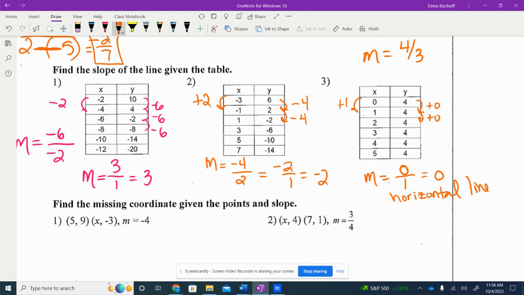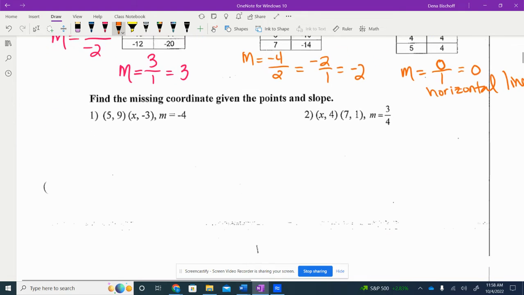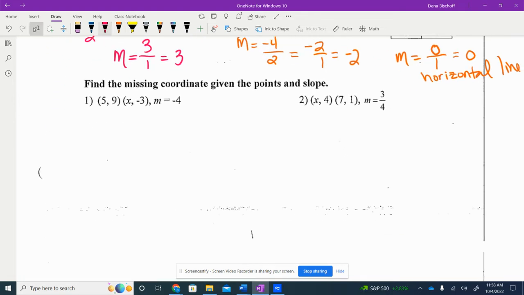And then I have some more. Find the missing coordinates. We had this on our test. Some of you guys did really well on it, and some of you guys did not do so well on that. So remember, when we do this, the first thing you want to do is turn your slope into a fraction. So I'm going to label my points x1, y1, x2, y2. I have -3 minus 9 over x minus 5.